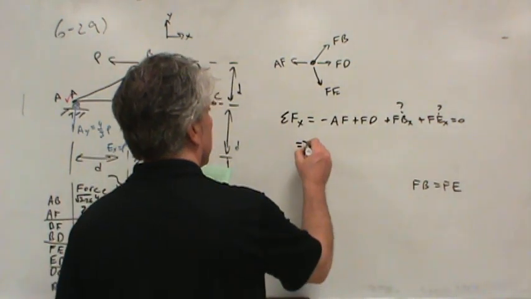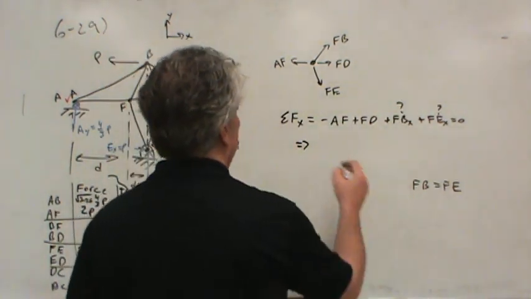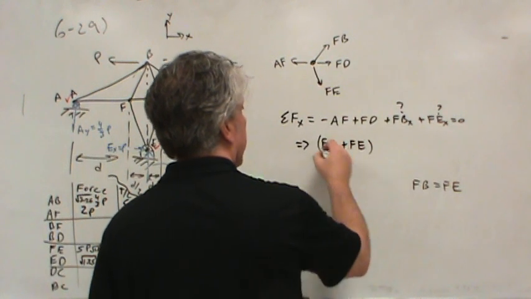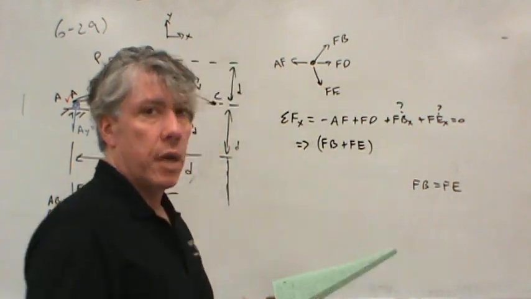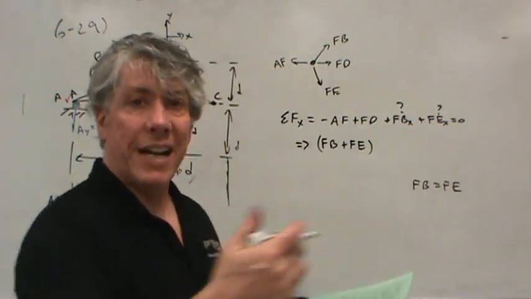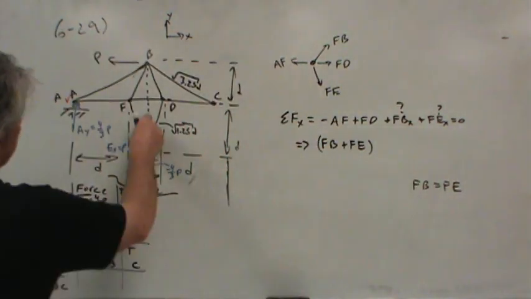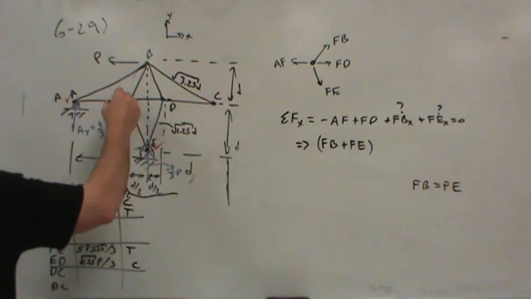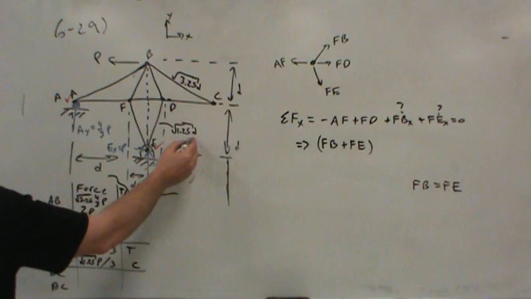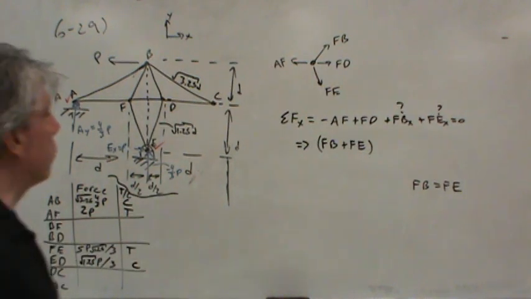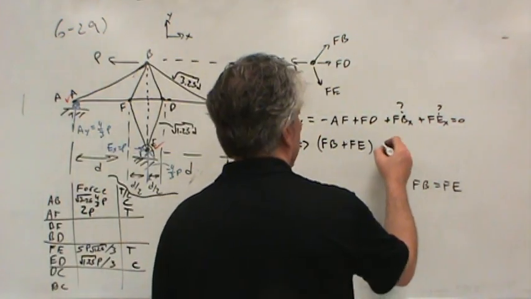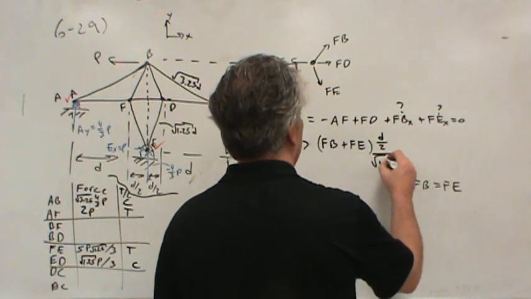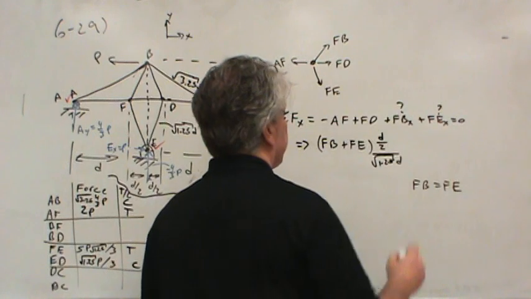So let's continue with that approach. FB plus FE, and I'm putting parentheses around them because, again, the factor to get the horizontal component of these two will be exactly the same. It will simply be d over 2 over the length of the hypotenuse, which is root 1.25 d. So d over 2 over root 1.25 d.